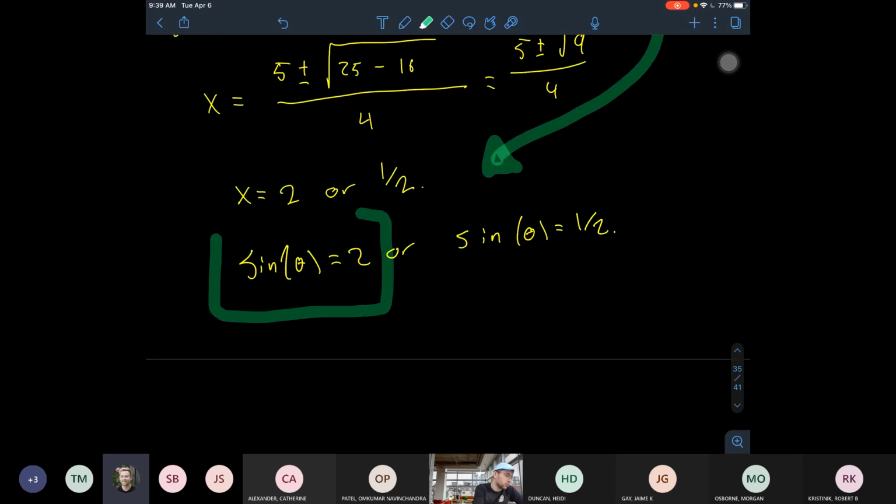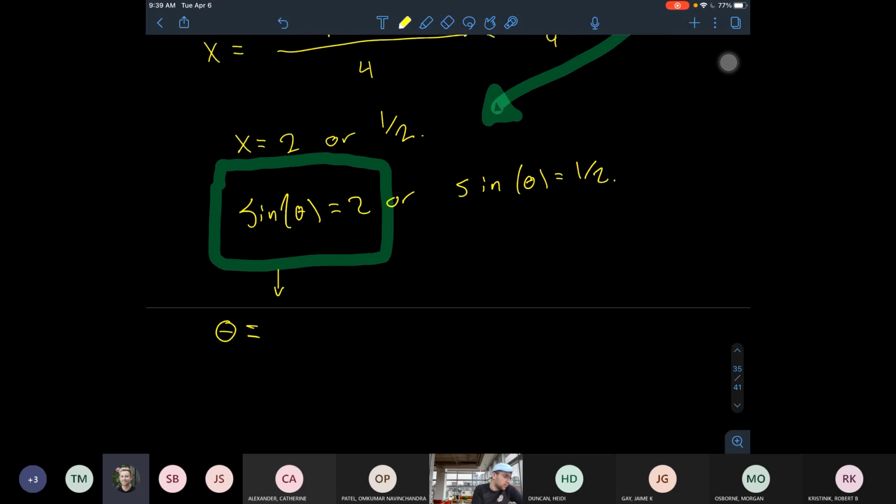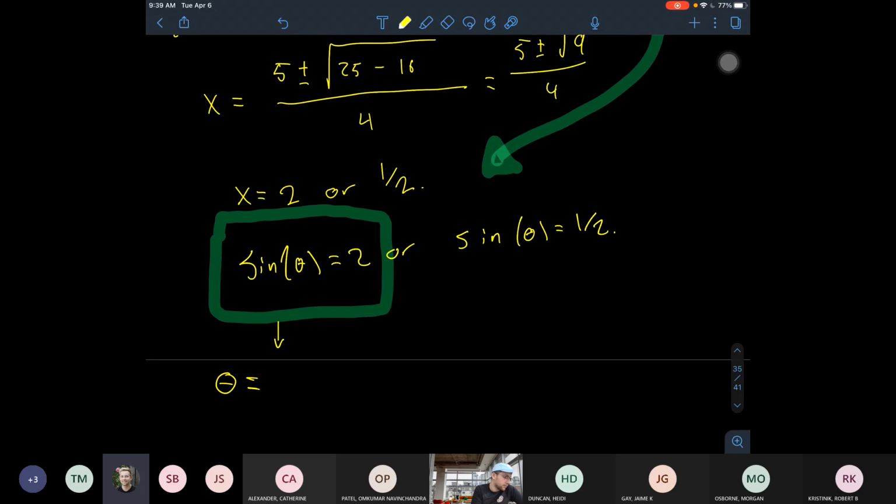Sine of theta is equal to 2. Can someone tell me which values of theta cause this to be true? What values of theta can we plug into sine of theta and get 2 as our answer?